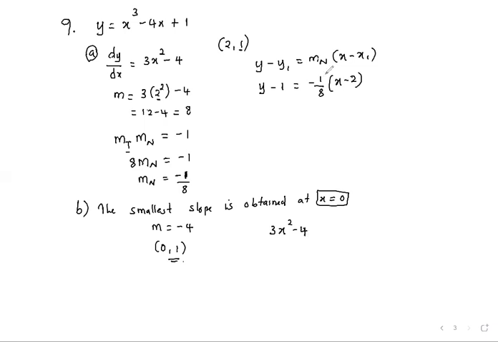Now, since x squared will always give us a positive value, it means that the lowest this can be is -4 when x is 0, because if x is 1, we get 3 minus 4, which is -1. -1 is far bigger than -4.